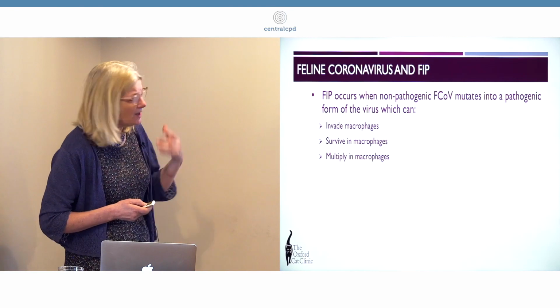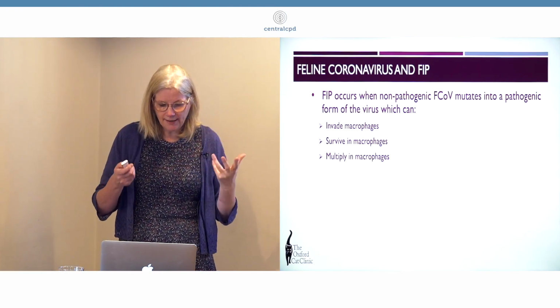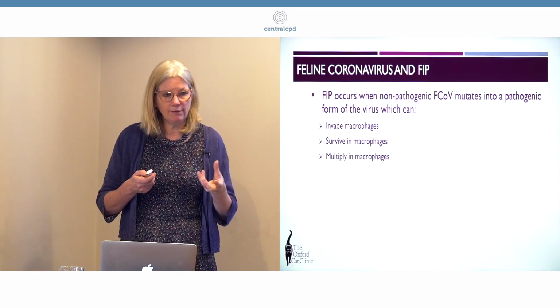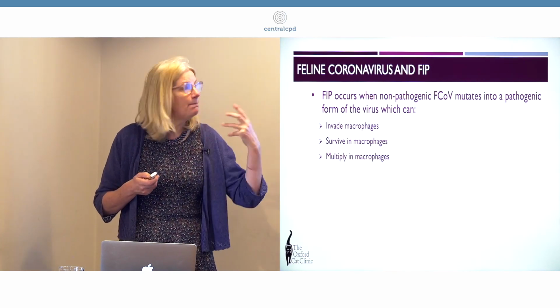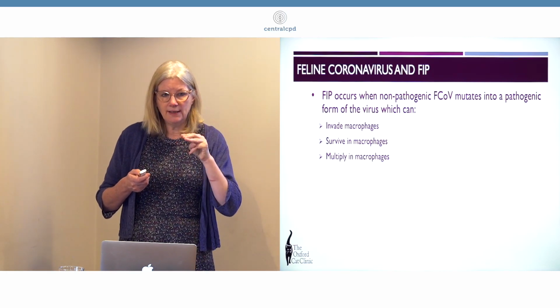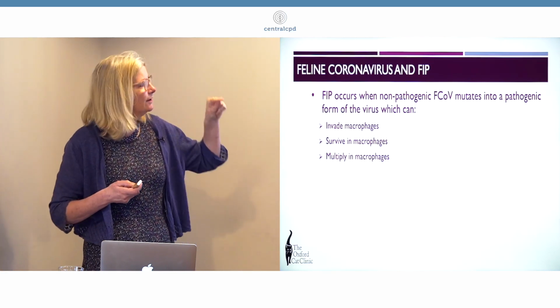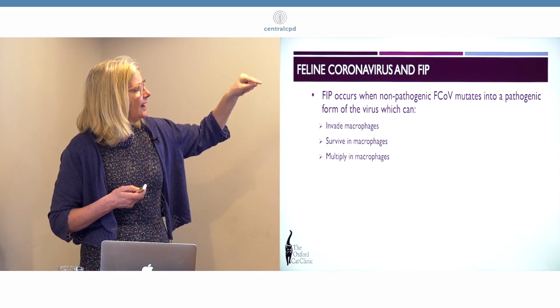Okay, so FIP occurs when this non-pathogenic, asymptomatic, enteric coronavirus mutates into a pathogenic form of the virus. And three things are needed in terms of this mutation in order to produce FIP.